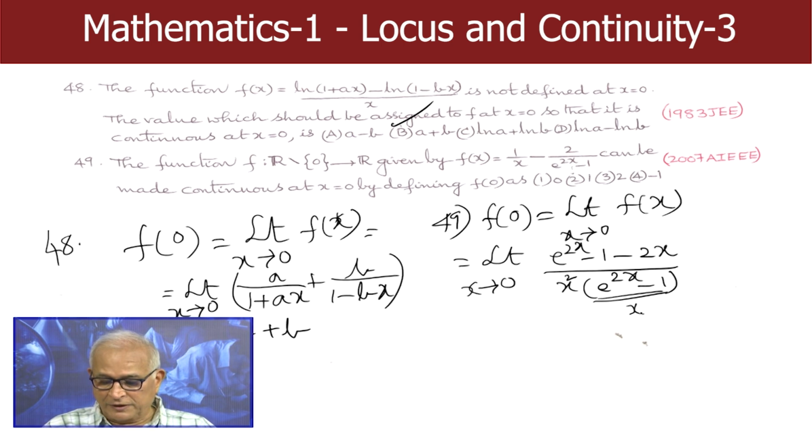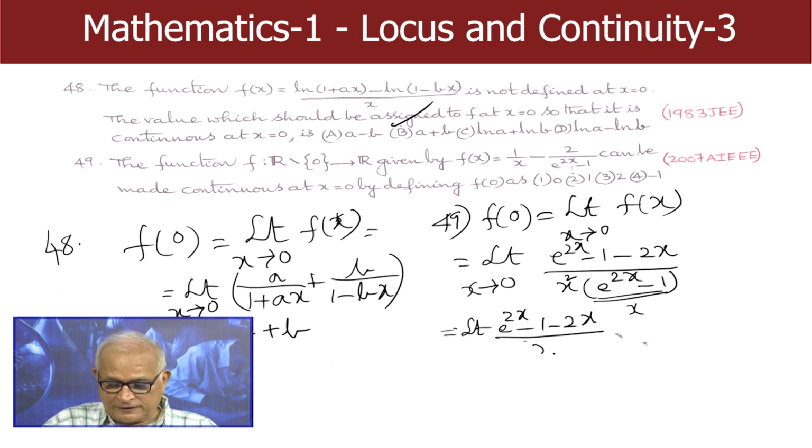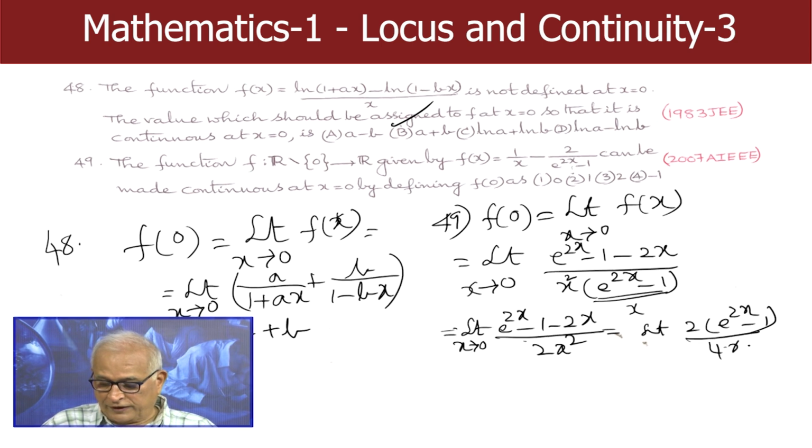Then you see the limit of this is e power 2x minus 1 by x as x tends to 0 is 2. Therefore, this is same as limit e power 2x minus 1 minus 2x by 2x square as x tends to 0. Now, apply the L'Hopital's rule. Limit 2 into e power 2x minus 1 by derivative of 2x square is 4x.